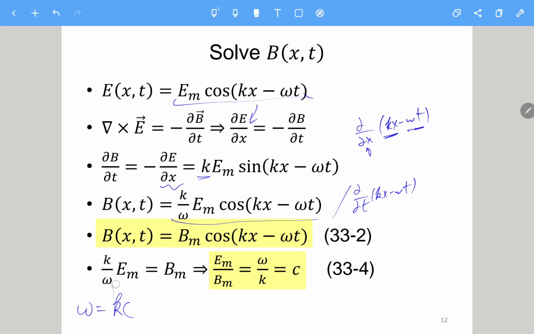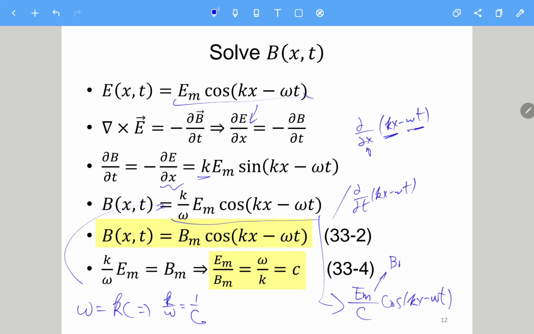So we have k over omega to be 1 over c, which means that this one is like Em over c cosine kx minus omega t, and this is actually Bm.